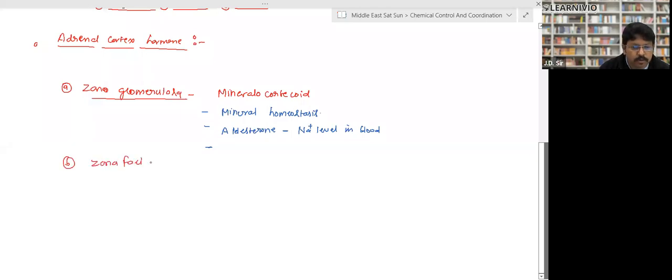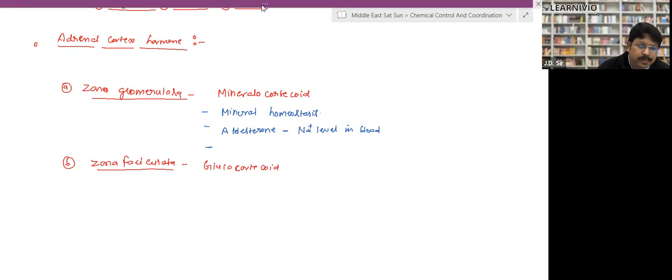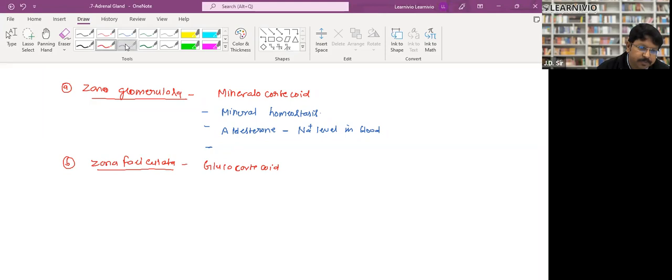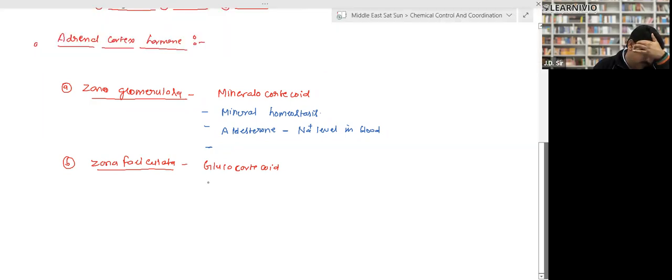The group of hormones secreted by this layer are called glucocorticoids. Full stop.